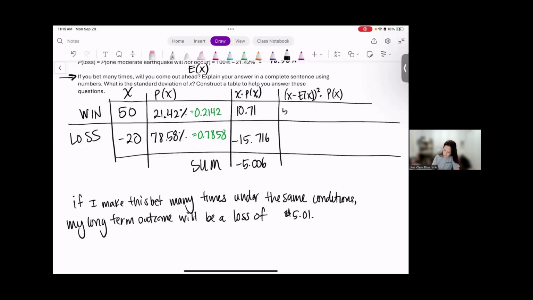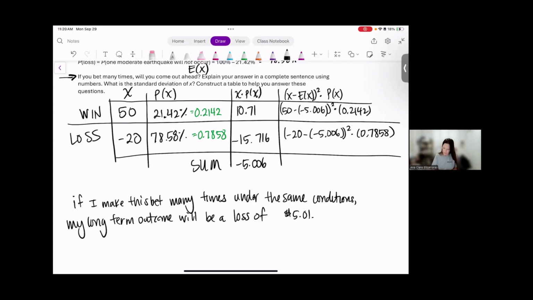So the X value was $50 minus that expected loss of 5.006. So it's actually minus a negative, squared, times the probability of 0.2142. Then I have negative 20 minus that negative 5.006 squared times 0.7858. Using my calculator, I'm going to do 50 minus a negative 5.006, square that, and multiply by 0.2142.